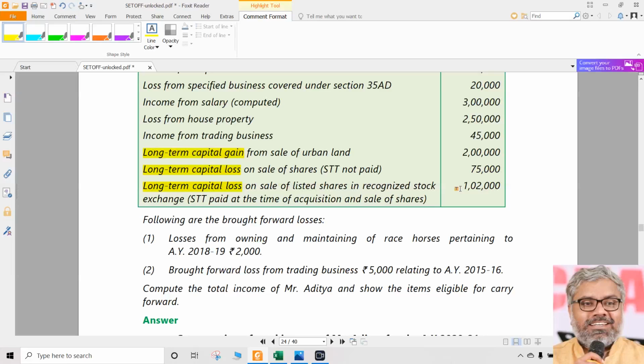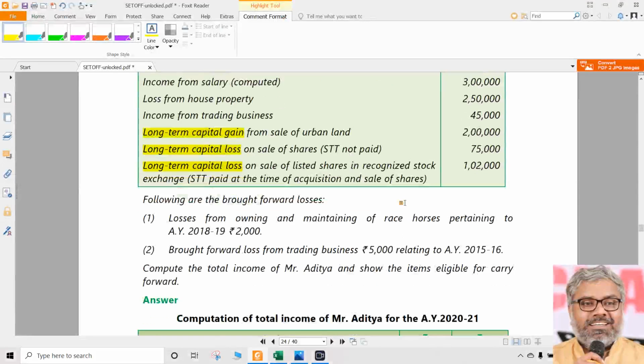Just because income from a similar type of transaction was taxable after 1 lakh, we should not deny the set off possibility also after 1 lakh. Don't mix these provisions, that is the important point to note here. Otherwise, normally just simple provisions are applicable. Long-term capital loss can be set off against long-term capital gain irrespective of whatever that loss is. That loss could be anything, inclusive of this sale of listed shares. These are the points to be noted here.